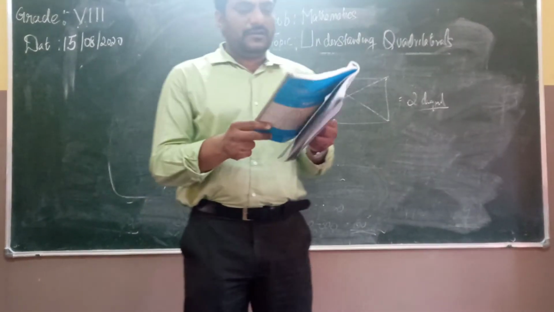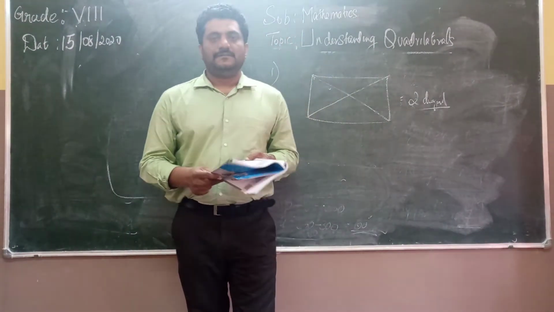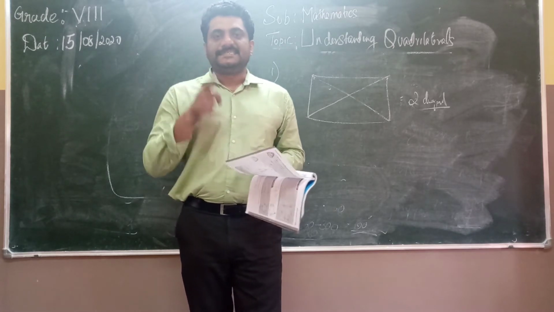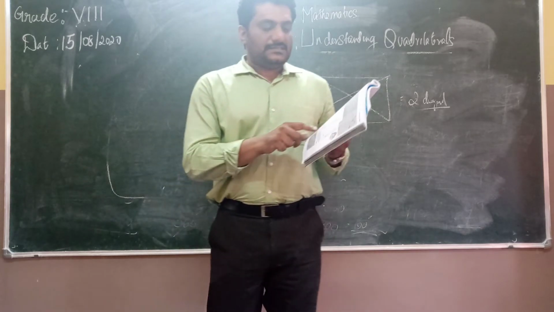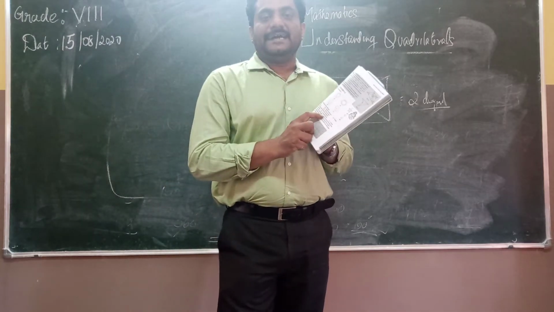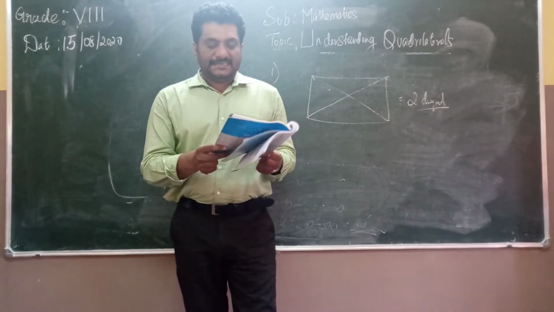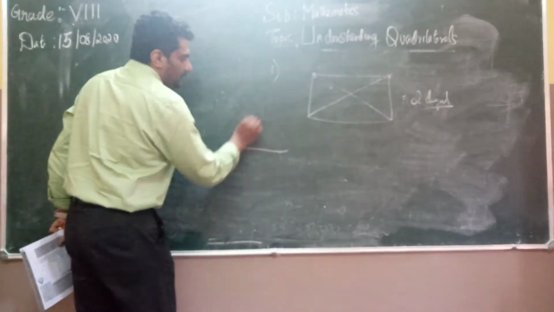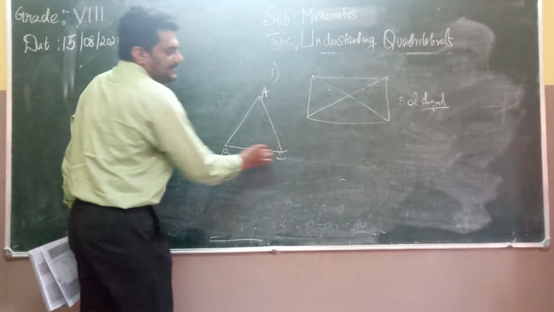Similarly, they are asking for the regular hexagon. What is a regular hexagon? Just now we spoke: in a regular hexagon all six sides are equal and all six angles are equal. So you have to draw the diagonals for the regular hexagon and tell me how many diagonals you get. Similarly, they are asking for a triangle. Now here, this is a triangle ABC.